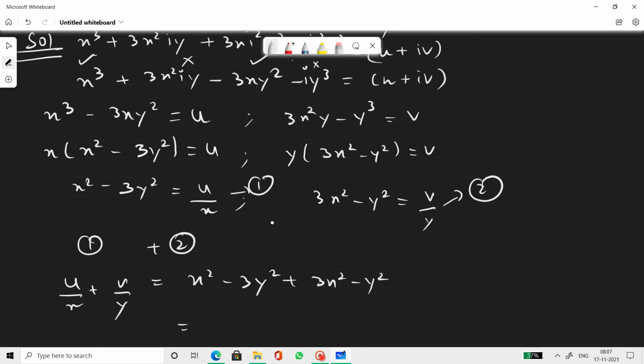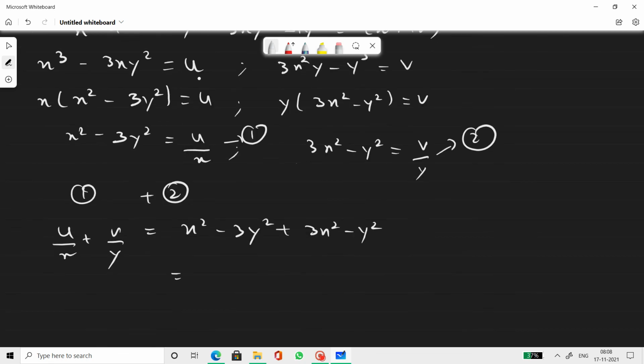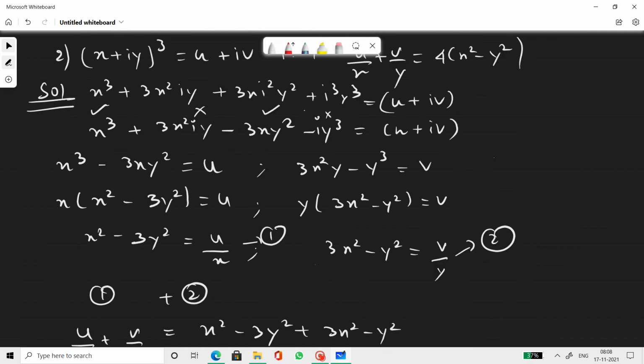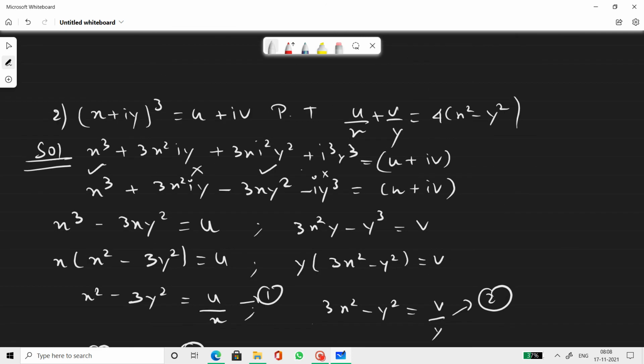So that is nothing but 4x² - 4y², right? So u/x + v/y = 4(x² - y²). Now see whether we're able to prove. Yes, look, this is what we need to get, and we got that.